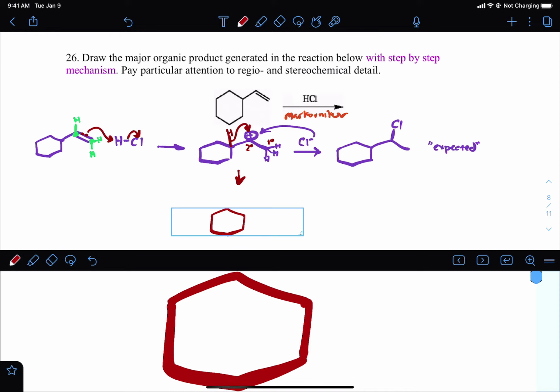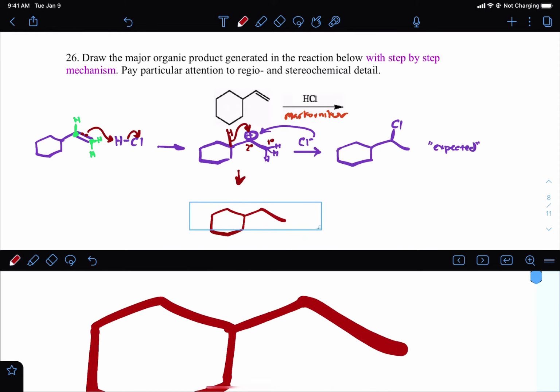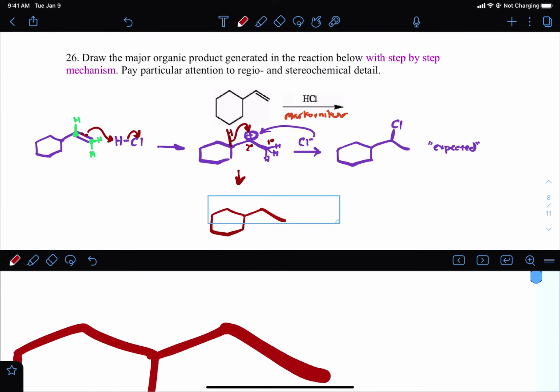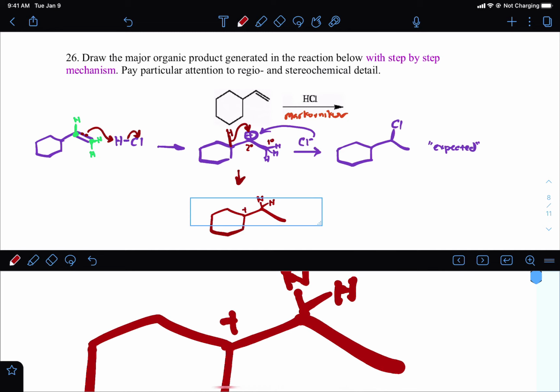When that hydrogen moves, the carbon that had the positive charge gets its bond back. So now this guy's got 2 hydrogens. It's got 4 bonds now. He's happy now. But the carbon that lost the hydrogen is now missing a bond. Okay? It's a rearrangement. Things have rearranged. Specifically, our cation has moved. You move the H, you also move the cation.